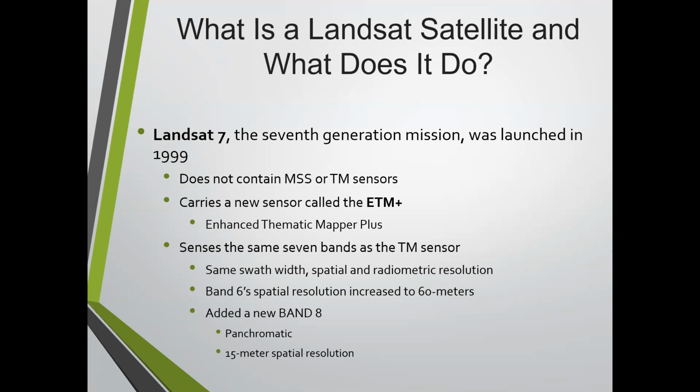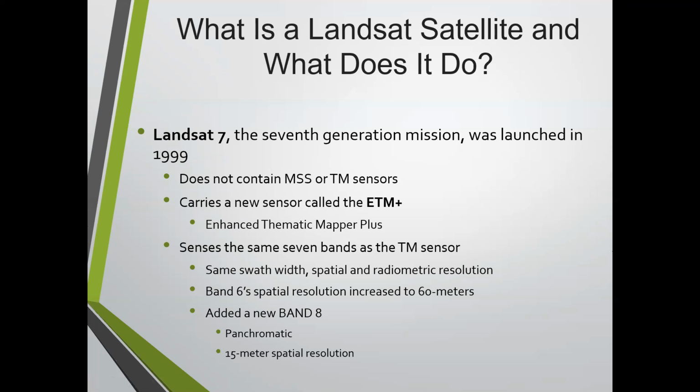Basically it had the same 7 bands, the same swath width of 185 kilometers, and the same spatial and radiometric resolutions. But it increased your band 6 spatial resolution to 60 meters, so we went from 79 meters to 60 meters.